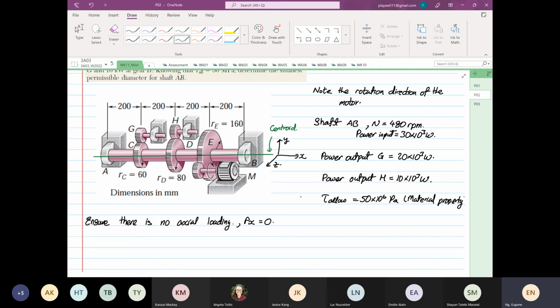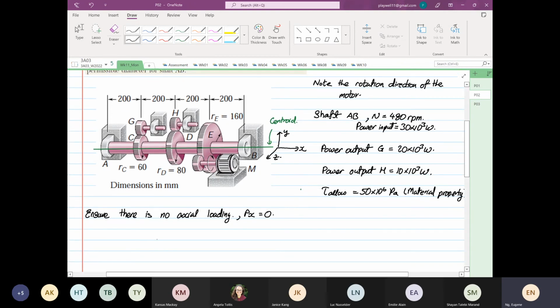The next thing that we also have to ensure is that the loading condition is just that we have a stress in our x direction, and we just have a torque.